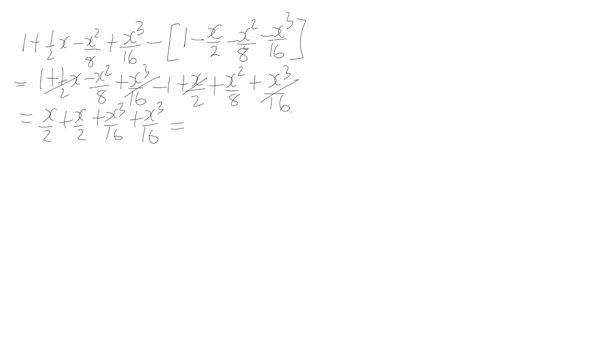So that leaves us with x, because 1x plus 1x is 2x over 2, which is just x. And then plus 2x cubed over 16, which is x cubed over 8. And that answer I have to divide by 2x. So the whole thing divided by 2x.